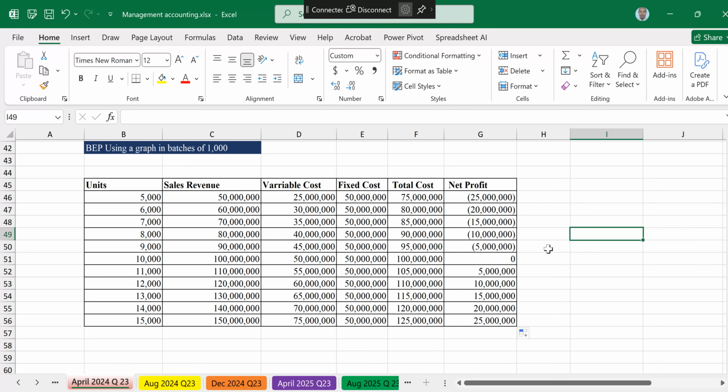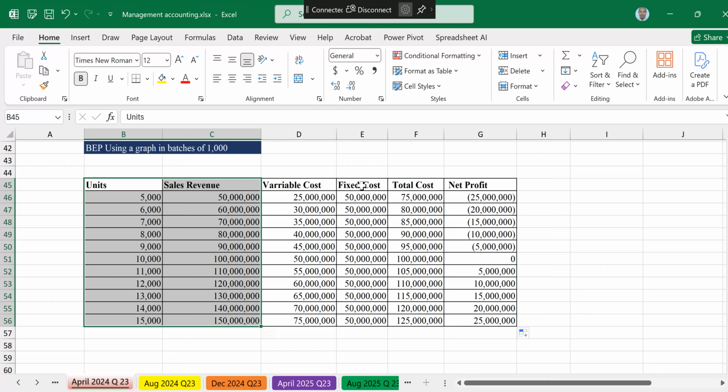Chart. Select from units, the word units, to sales revenue. This time select well so that you don't have an empty chart. Then hold down the control key, and once the control key is down, start from fixed cost.